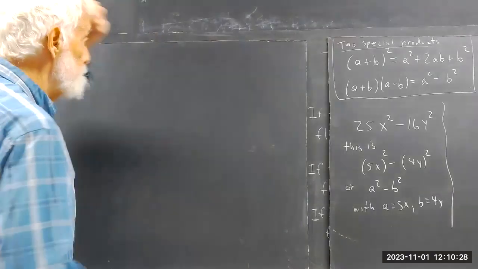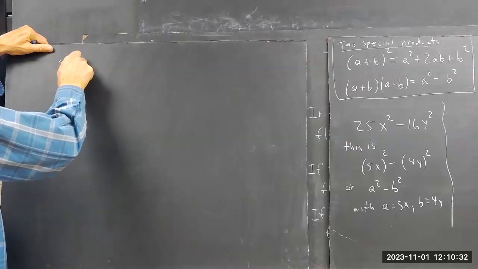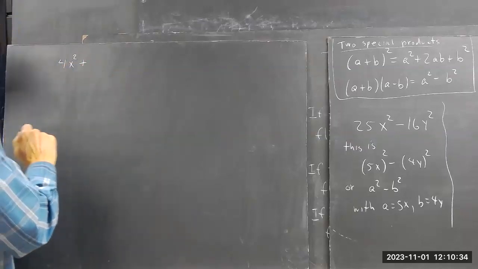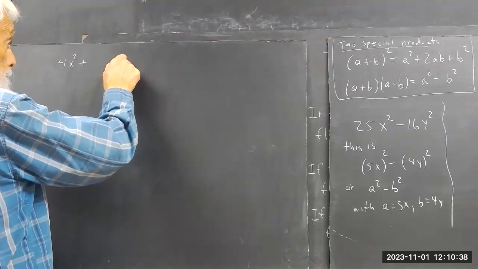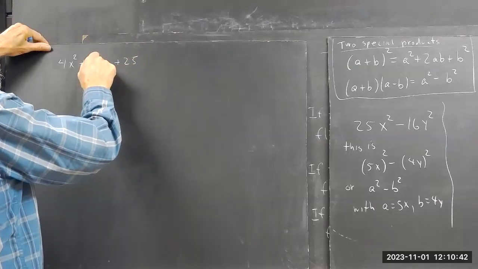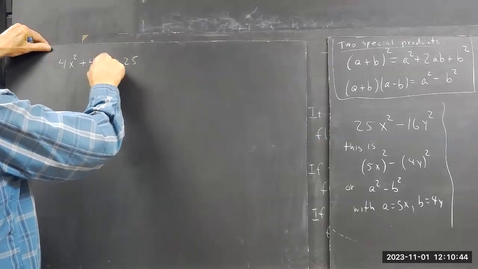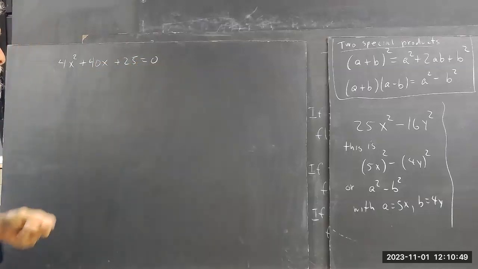So let's say now we've got 4x squared plus, let me square my d first, make this 25, okay? And this would be then 40x equals 0. That's maybe too complicated of an expression, but we're going to try it anyway.